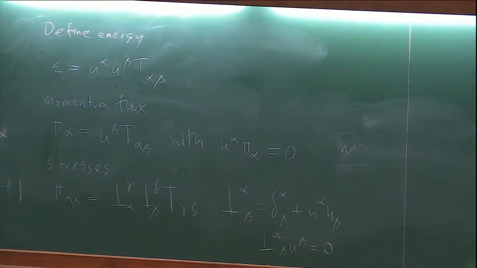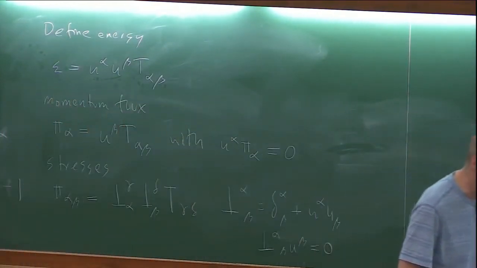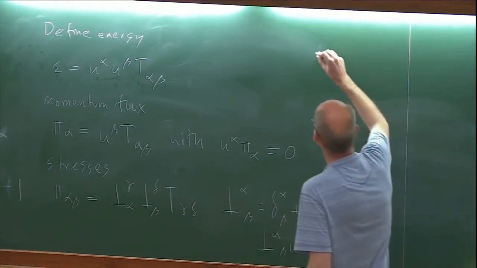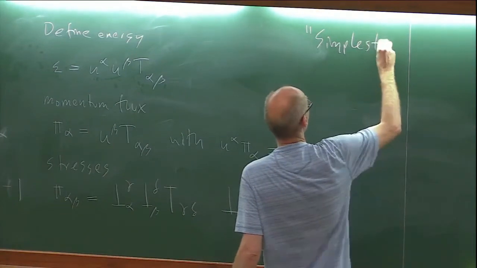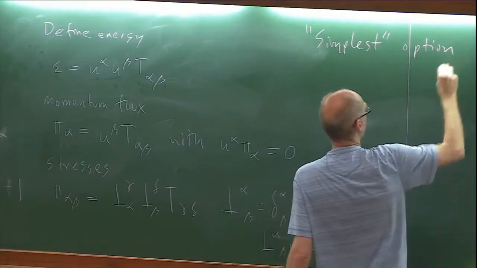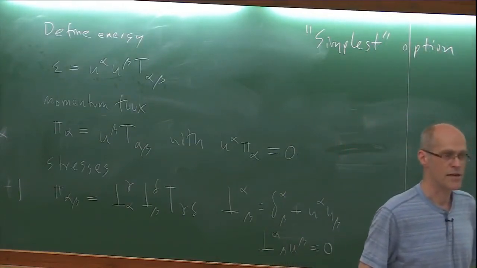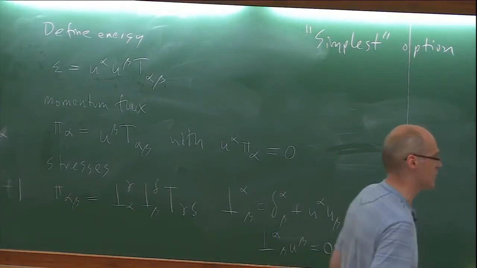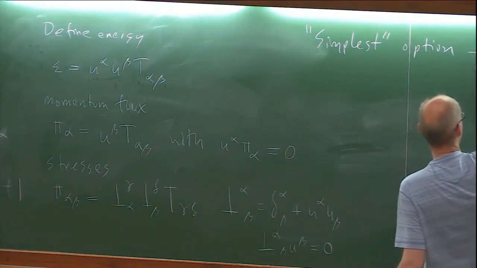And I don't think we talk about it enough, because what we tend to do is we tend to write down the perfect fluid. So for our purposes, I think this is the simplest option. It's the very simplest option in the relativity textbook, but for what we're doing, this is the simplest. The simplest option is the perfect fluid.